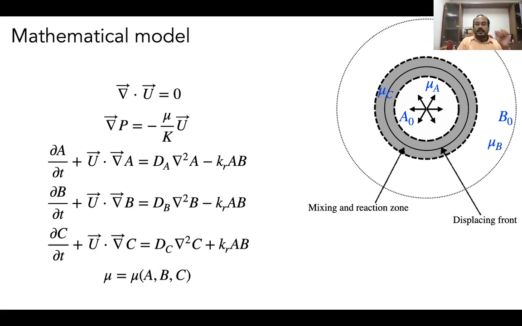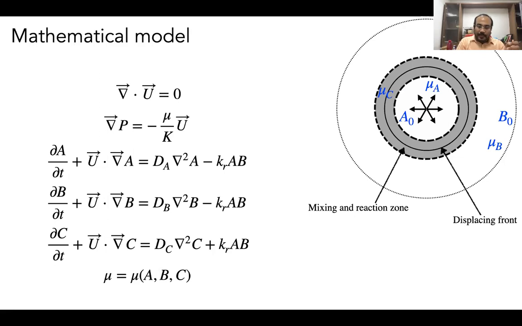And then we have three components which undergo a transport mechanism by advection, diffusion, and reaction. So what the advection-diffusion-reaction equation says is how these components A, B, C evolve with time and space.